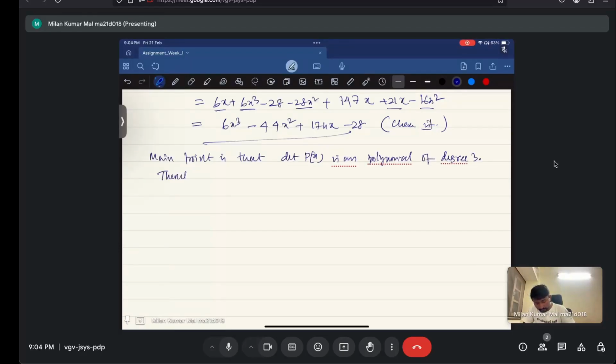Therefore determinant of px equals to 0 must have a root. It must have a real solution, right? Solution x is equals to lambda.